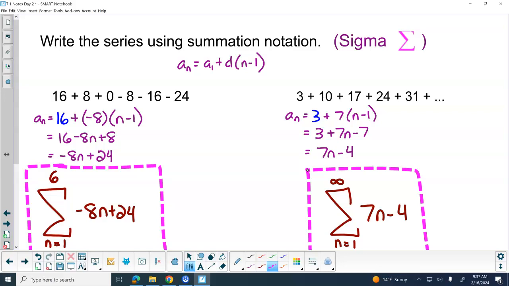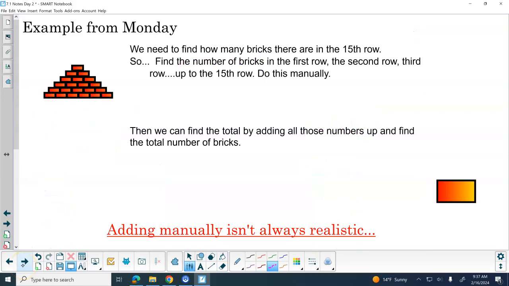So yesterday we gave you this problem. We need to find out how many bricks are in the 15th row, okay? Which we can do now, because if there's 1 brick in the first row, 2 bricks in the second row, 3 bricks in the third row, and so on, that would give me a rule of a sub n is 1 plus 1 times n minus 1, which is just 1 plus n minus 1.